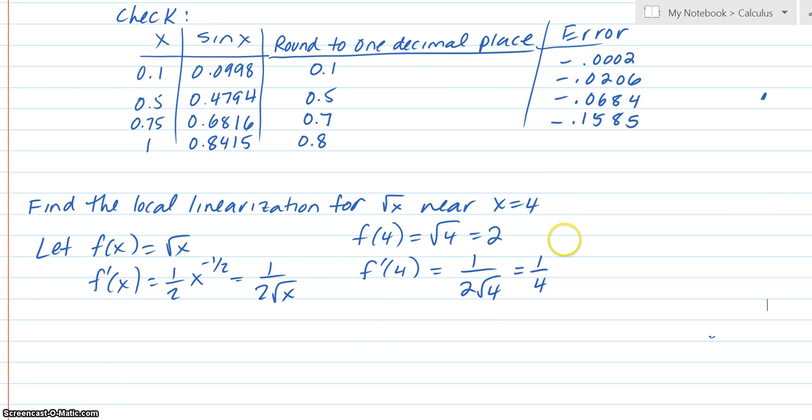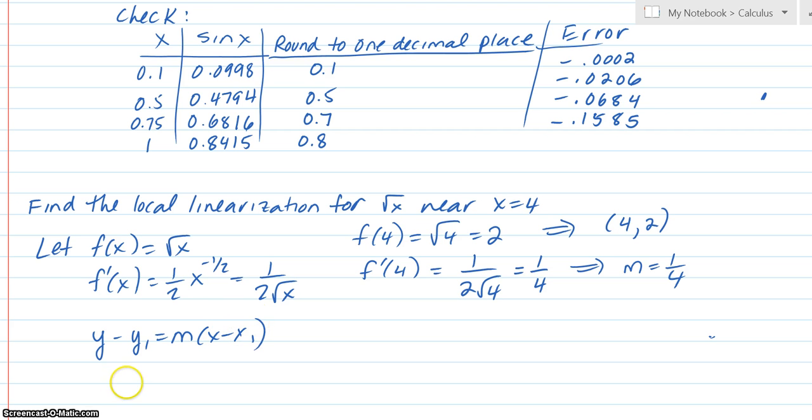So we have a point. The point would be x is 4, y is 2, and we have the slope.